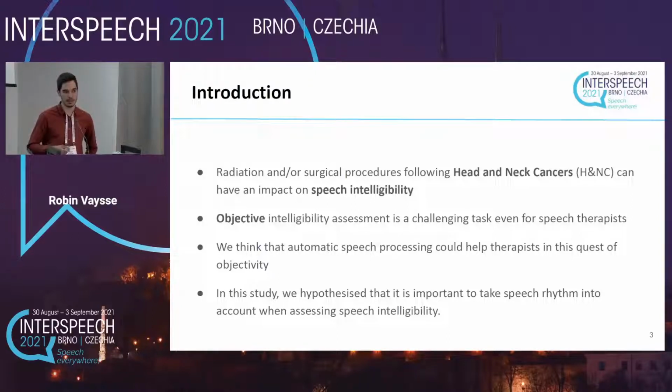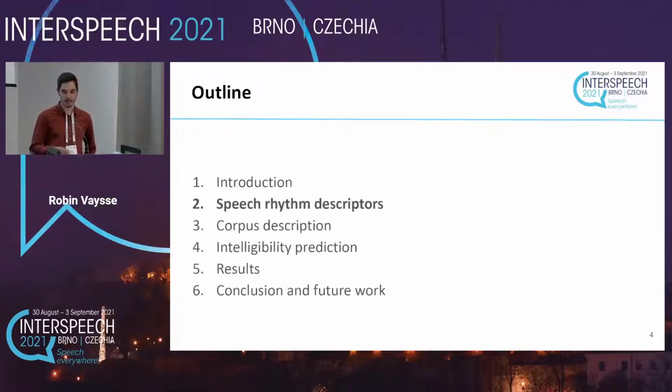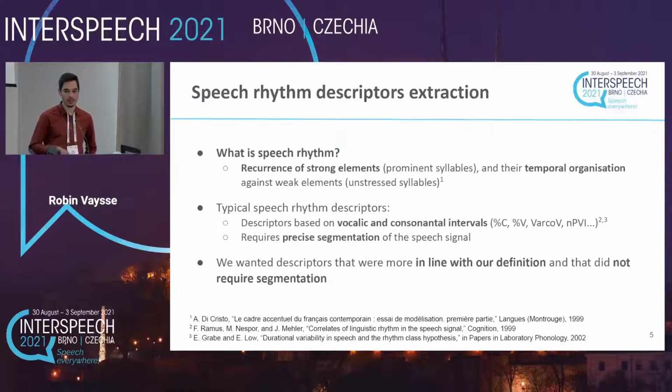In this study, we wanted to try whether speech rhythm descriptors could be useful to predict speech intelligibility automatically. So we'll talk about the speech rhythm descriptors that exist and the ones that I used.